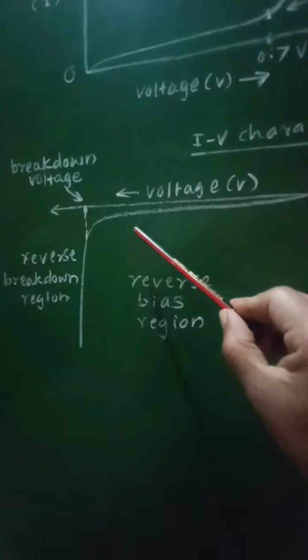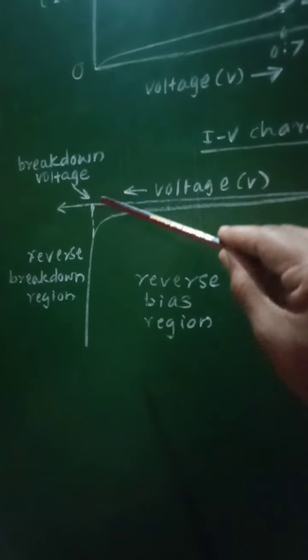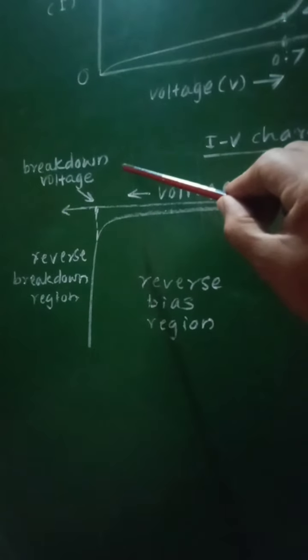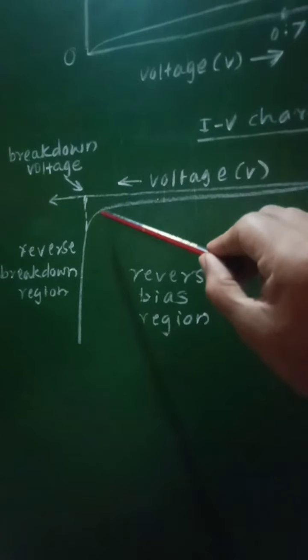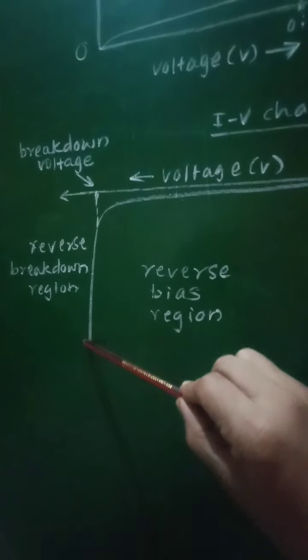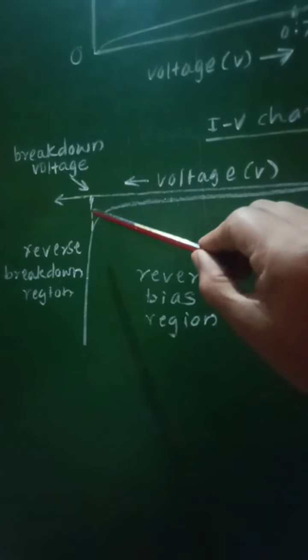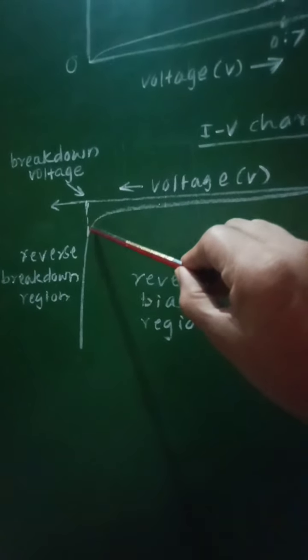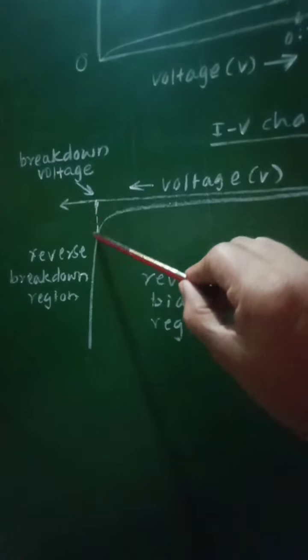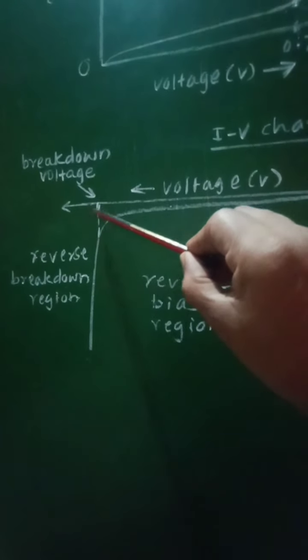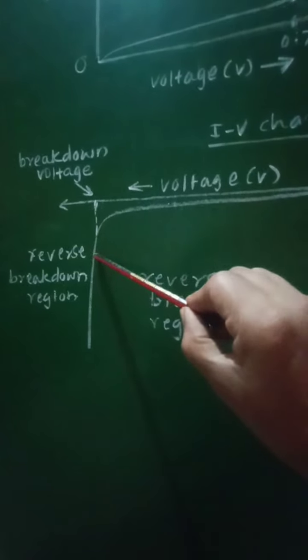As voltage increases and reaches a particular voltage called the breakdown voltage of that diode, there will be a sudden increase in the current. This sudden increase in current is due to the breakdown of the PN junction, and the corresponding voltage is called the breakdown voltage.